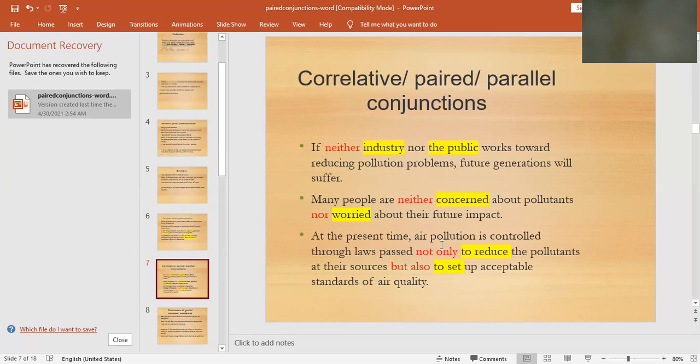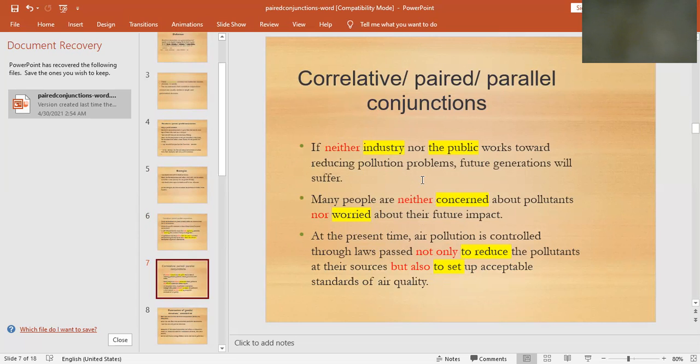At the present time, air pollution is controlled through laws passed not only to reduce, but also to set up acceptable standards. Not only to reduce, infinitive, to set, infinitive.